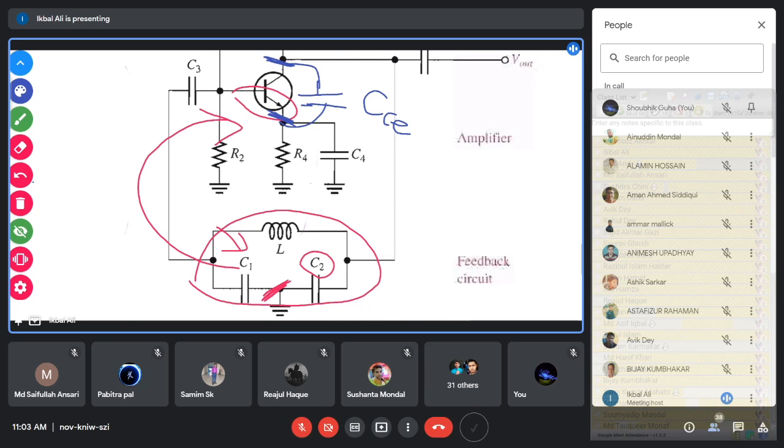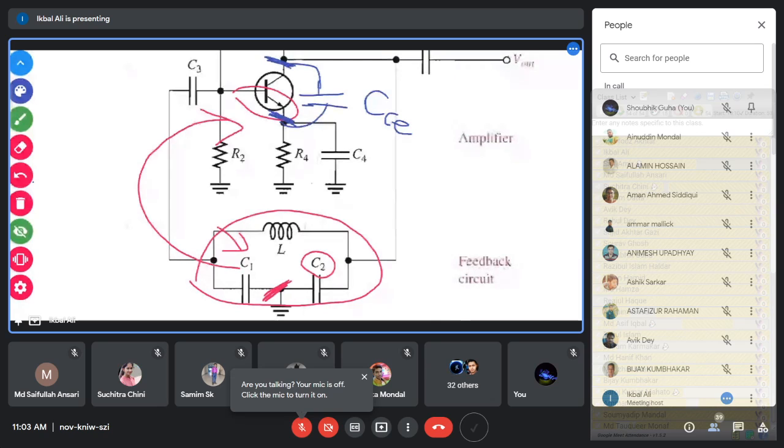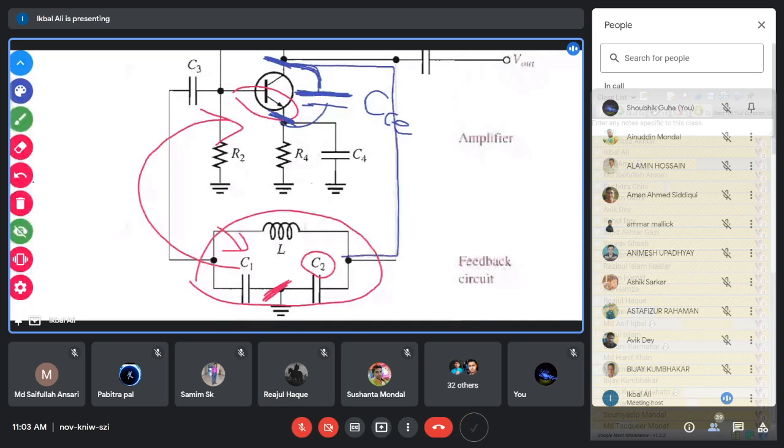Now this capacitance is connected to the collector. One end of the capacitor is connected to the collector. You see the collector is connected here, so this end of the capacitor is coming here. The other end of the capacitor is connected to the emitter.